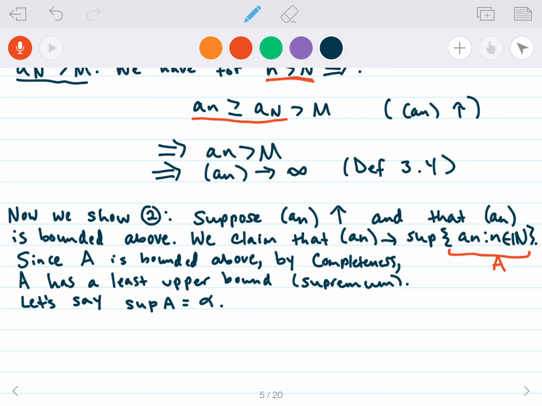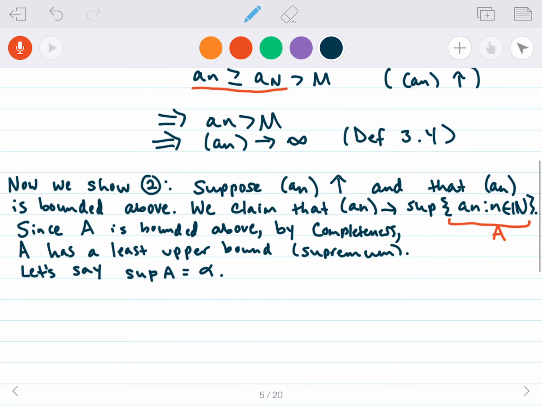Okay, so let's do some scratch work. I'm going to do this in orange to show that this isn't part of the official proof. And so what do we want? We want to show that our sequence a sub n converges to alpha. And what does that mean?